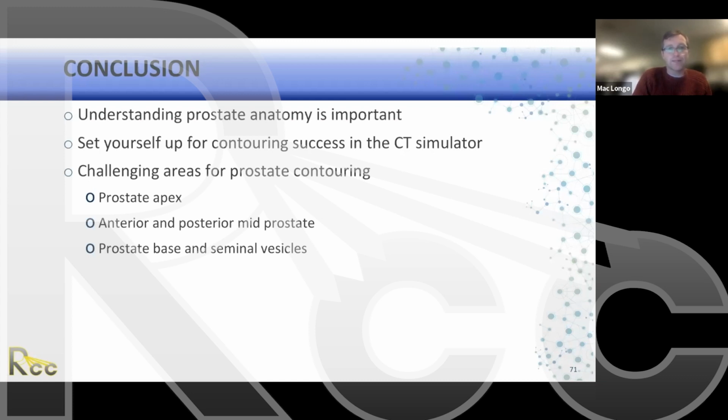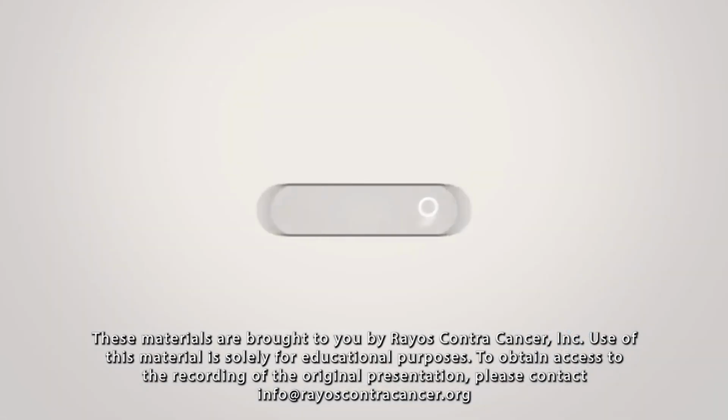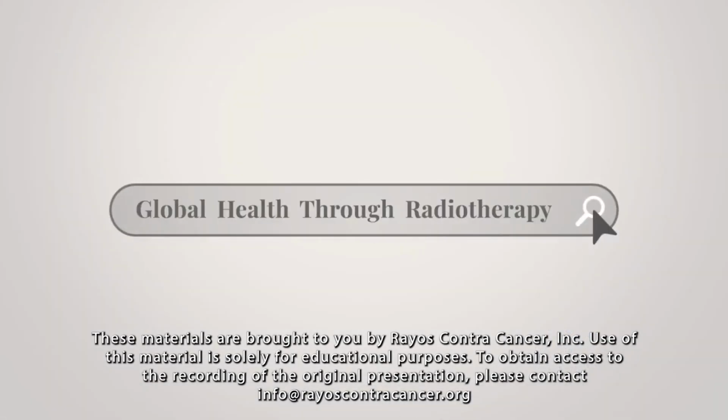And hopefully, I've equipped you with some strategies for thinking about contouring these areas. And again, we did that on the fly in MIM, looking at real life cases, but there are reference slides embedded within this that you can go back and refer to, as well as the references that I sent out ahead of time.